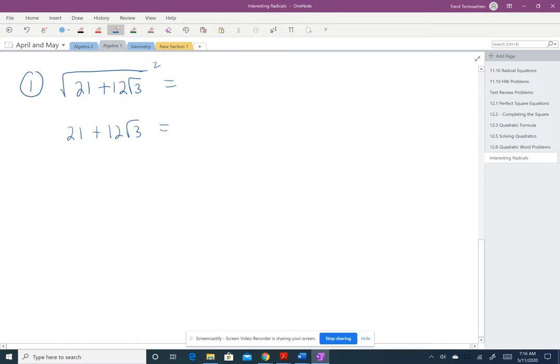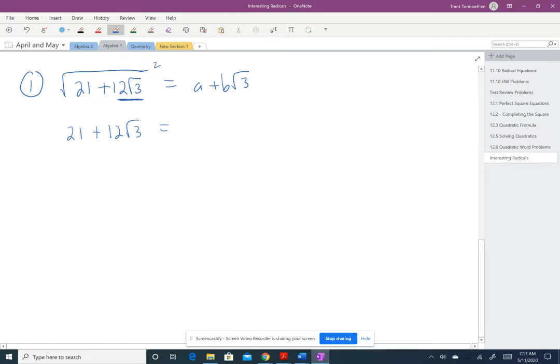And so the guessing and checking we do is we say, we think there is an easier, simpler version of this particular problem. And we think it's going to have the form a plus b radical 3. That's a little bit of a guess and check. And it's always going to be some value a plus some value b times a radical that's inside here.